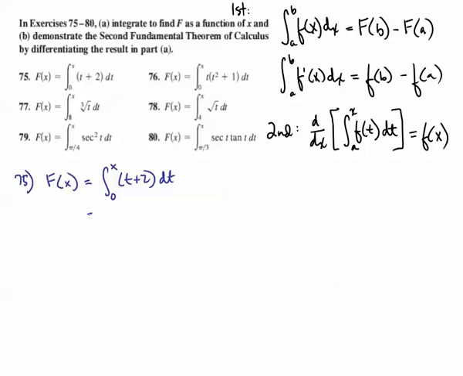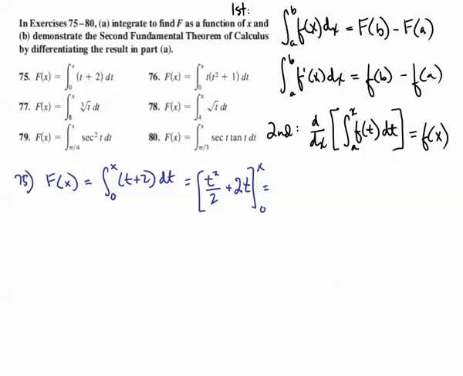We want to find the antiderivative of t, so that would be t squared over 2. And the antiderivative of 2 would be 2t, and we're going to evaluate that from 0 to x.